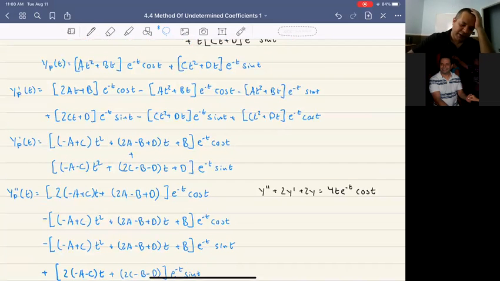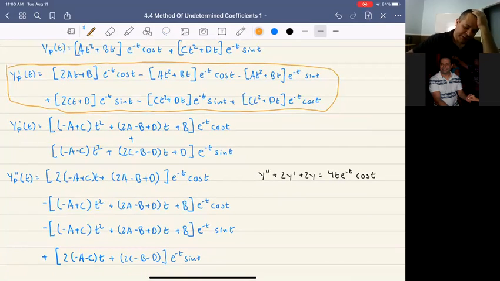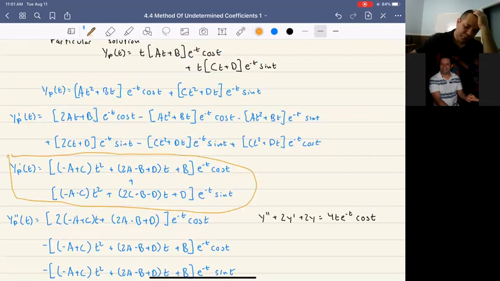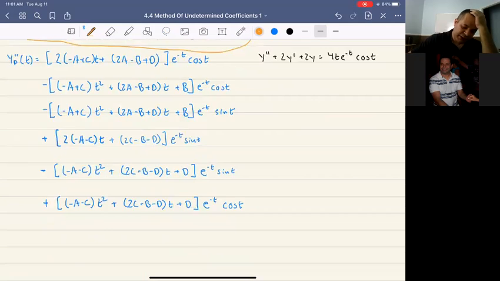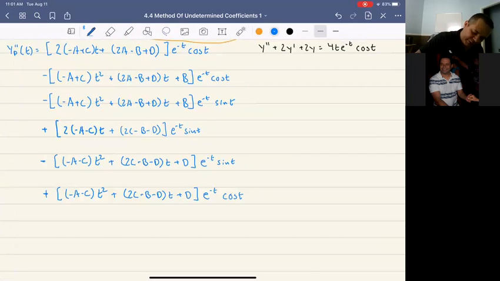Okay, so yp is here. That was yp prime, actually. Yp was here. And yp double prime, let's see. Let me write yp double prime down.